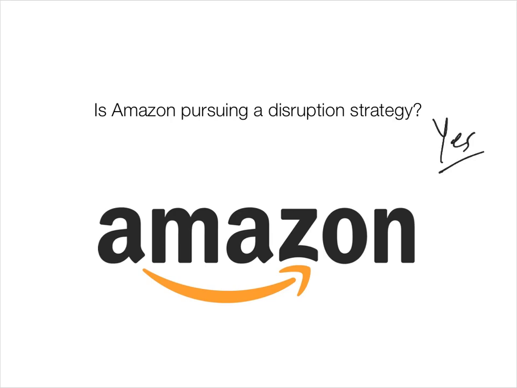Yes, it certainly has been in the beginning. It has elements as it's grown. It's now 20 years old. That start to diversify out of that strategy. That indicates the difference between the initial strategy that you choose and how you might evolve once you become an actual successful firm. Amazon's no longer a startup, so things change for it. So don't just look at disruption as the only thing that you do forevermore.